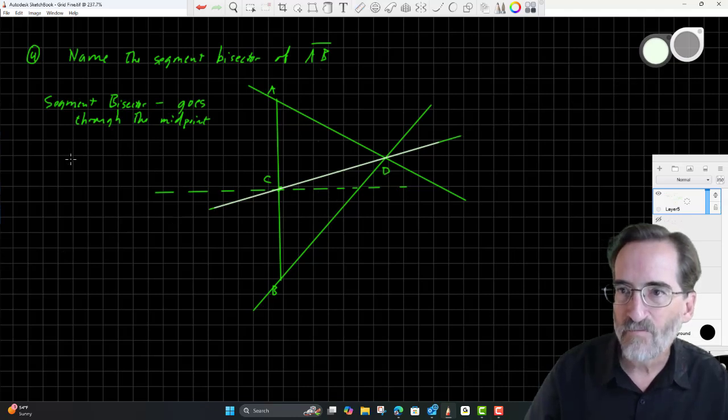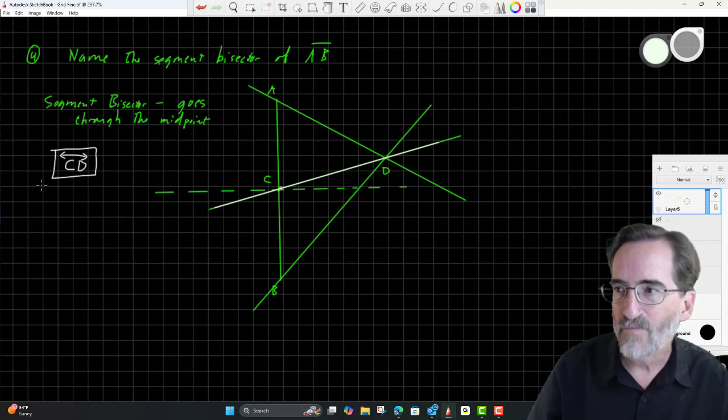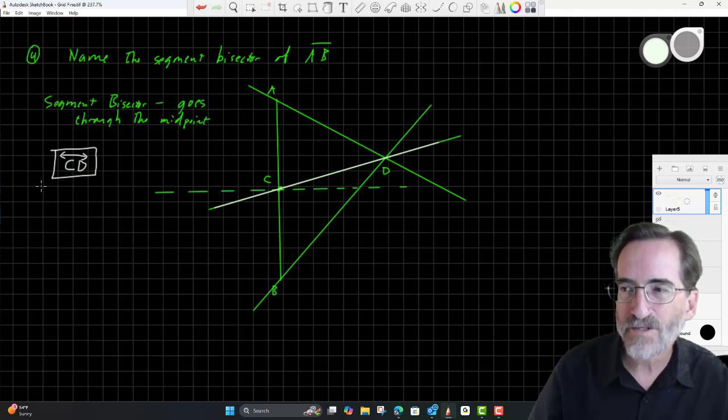So the segment bisector is line CD. Not AD, because AD doesn't go through the midpoint C. Not BD, because BD doesn't go through the midpoint C. A segment bisector is a line, ray, or segment that goes through the midpoint of a segment. That's the segment bisector.